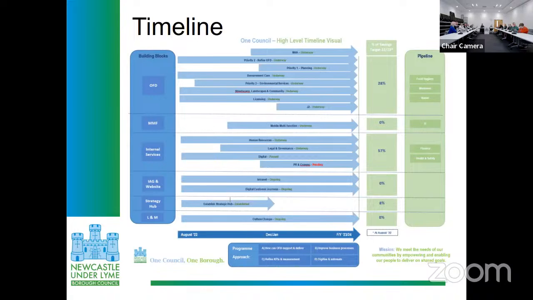So the timeline is fairly nebulous in a way, but if you look at this, you can see that we're working with most of our services now in terms of making some improvements, and there are a few yet to be touched, but we've certainly got plans in place to address those and make sure that we're doing all we can across the services, so there's no one service missing out.